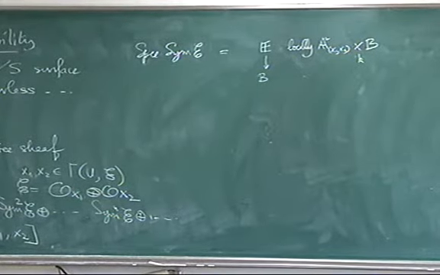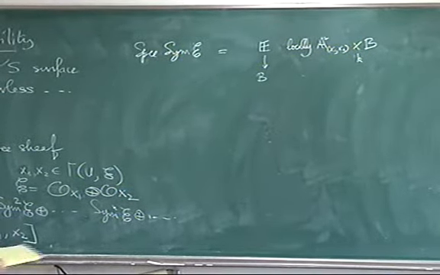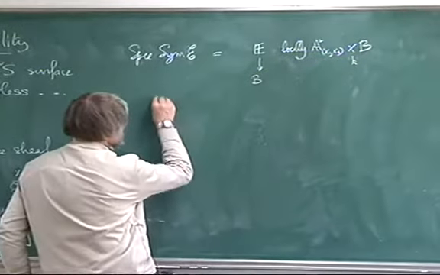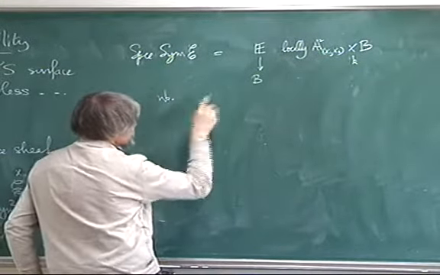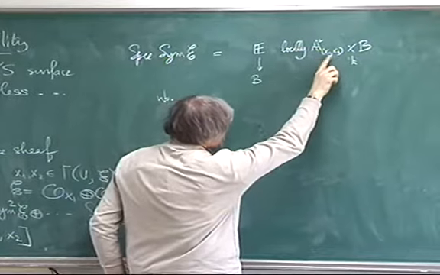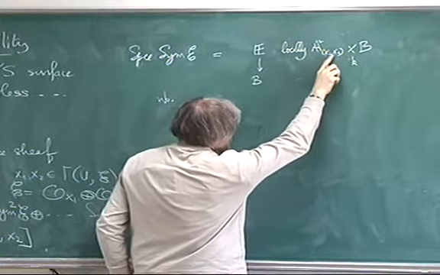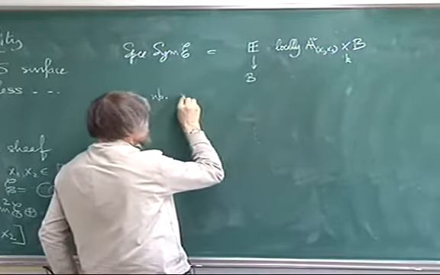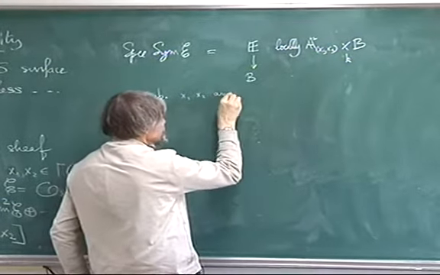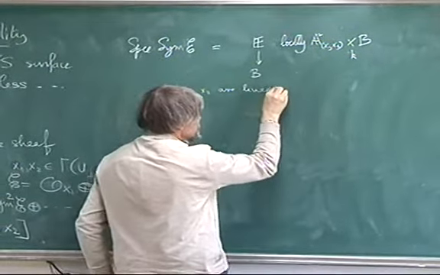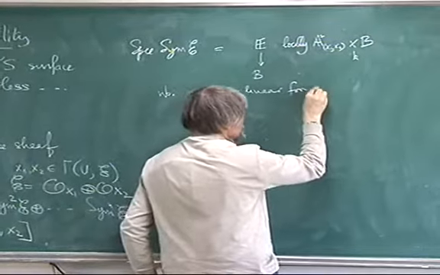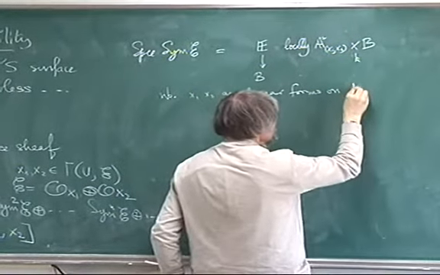And note, because I'm doing algebraic geometry, when I think of A2 with coordinates x1, x2, these x1, x2 are linear forms on E.